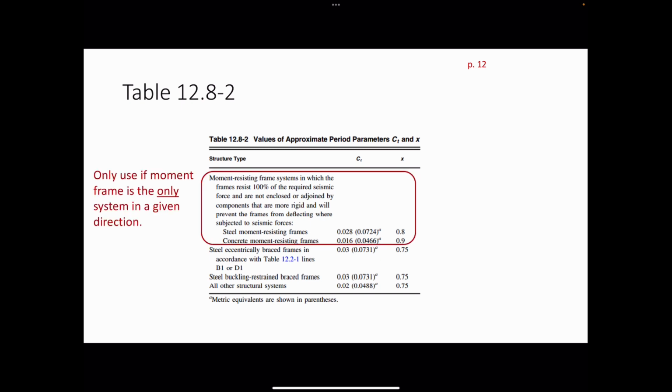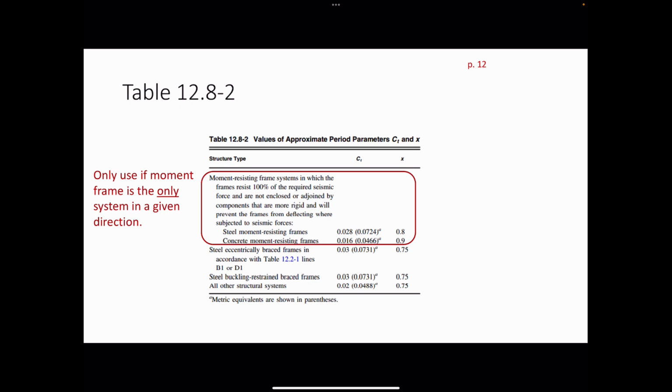One thing to point out, if you have a moment resisting frame system, you only want to use this if that moment frame is the only system in a given direction. All right, so that comes from all the stuff that's written in that table under moment resisting frames, right? Because this assumes that the frames resist 100% of the required seismic design force. So just use it if that's the only system in a given direction.